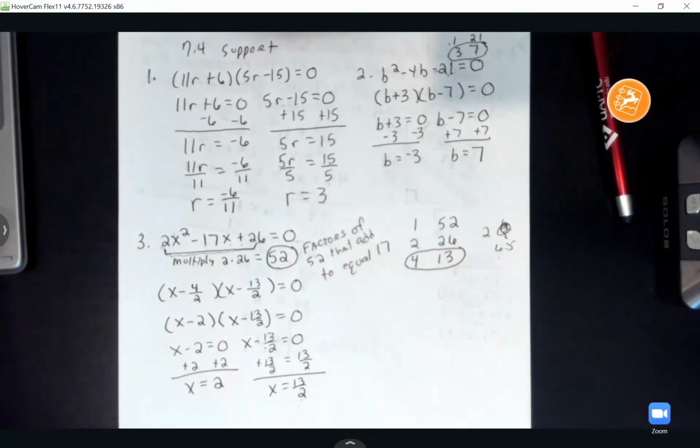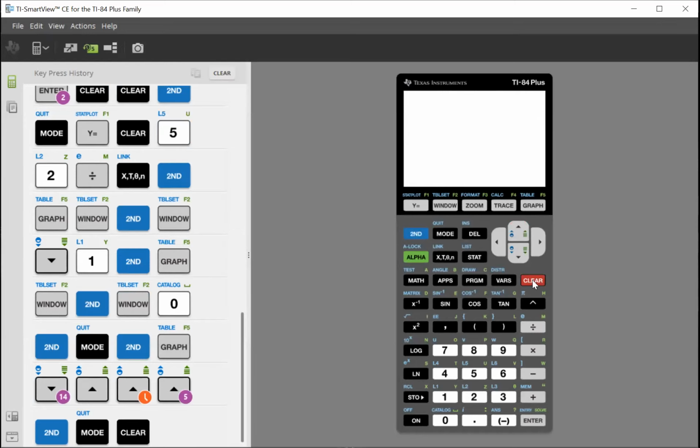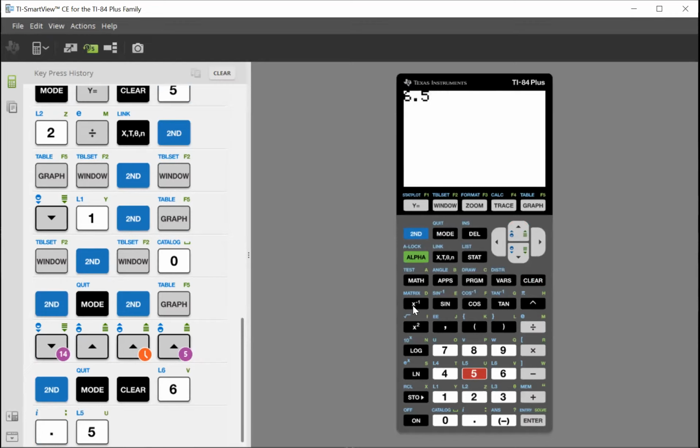So let's go verify that. Go ahead, 6.5. Remember, if I do math and enter twice, there's my 13 halves. Okay, so they're tricky when you got a number in the front.